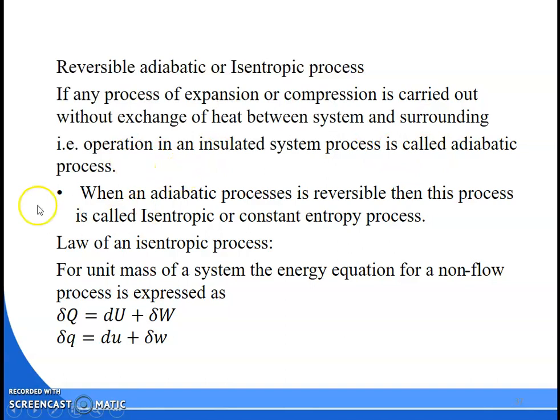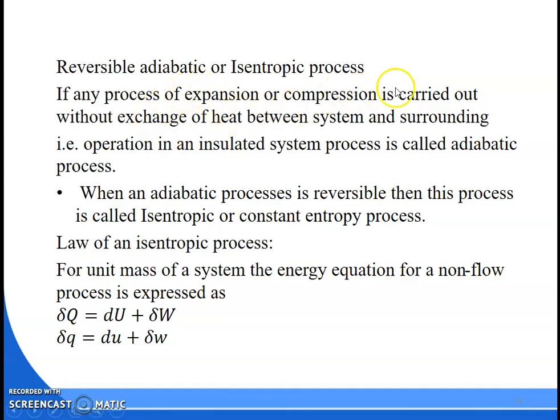So what do you mean by adiabatic system? We know that the system where heat transfer is 0, but work transfer is there and mass transfer is there, that is known as your what? Adiabatic process. Then what is reversible adiabatic?